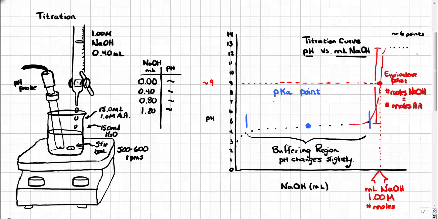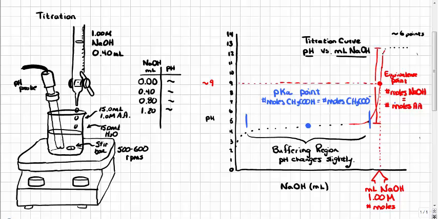Okay? And the pKa point is that point where the number of moles of acetic acid, CH3COOH, is equal to the number of moles of acetate ion, CH3COO minus. You see, initially, at the beginning of this titration, what we had mostly was acetic acid, with only small amounts of acetate present in order to maintain the equilibrium.